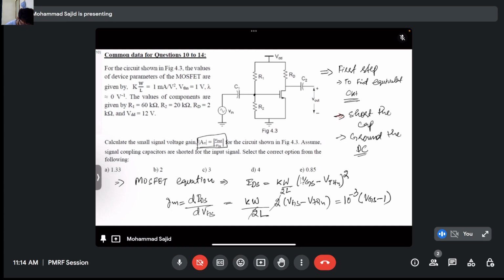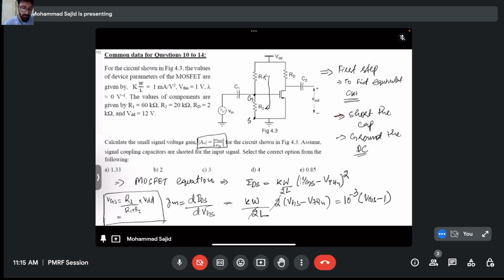VGS will be here, GS. So can we directly find VGS? Let me write here in this box. This is simply a voltage divider, right? Here between R1 and R2. So VGS will be equivalent to R2 divided by R1 plus R2 into VDD, right? R1 is 60, R2 is 20.